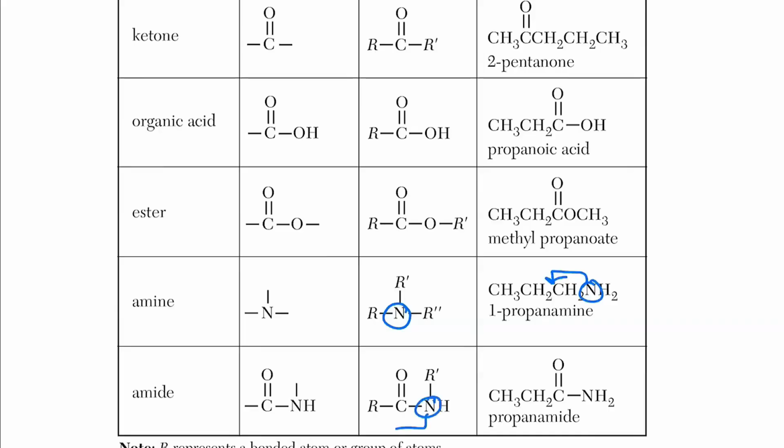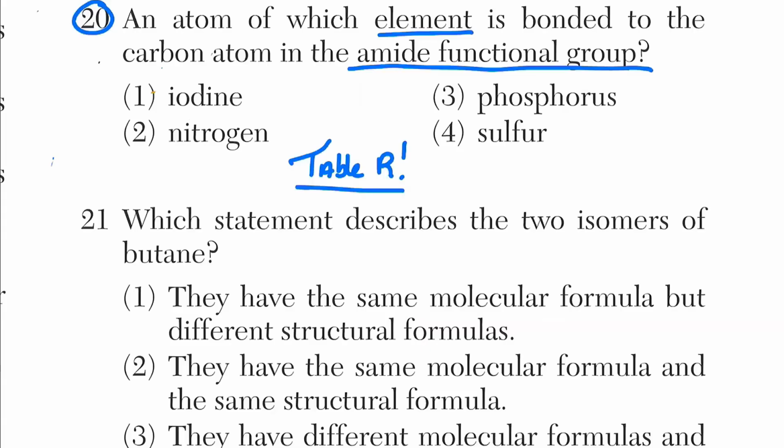Nitrogen is bonded directly to a carbon. They give you examples, guys. So nitrogen is what's bonded to a carbon, right from the reference table. All right, so it was an amide, but bottom line is it's the nitrogen, right from Table R. So number 20 is 2. On to number 21.